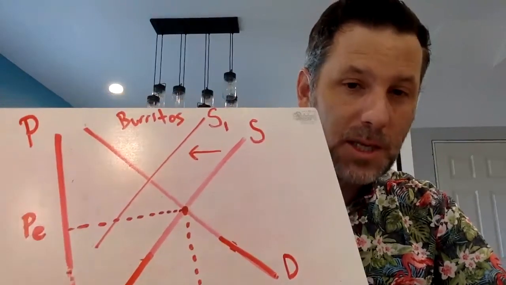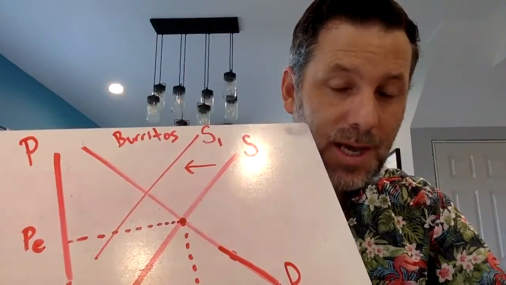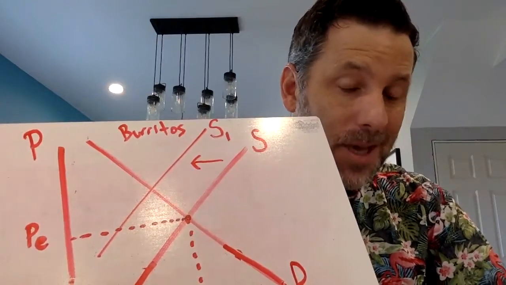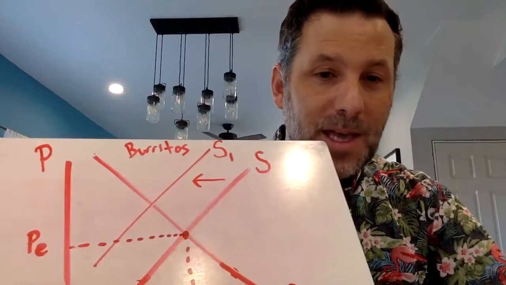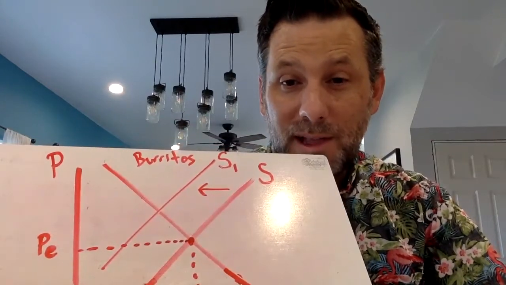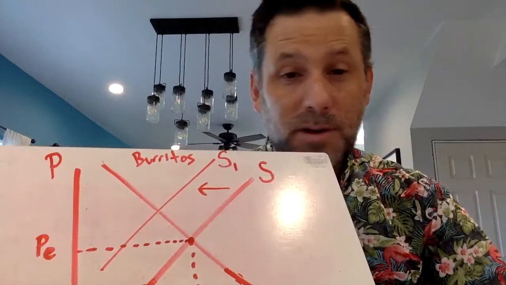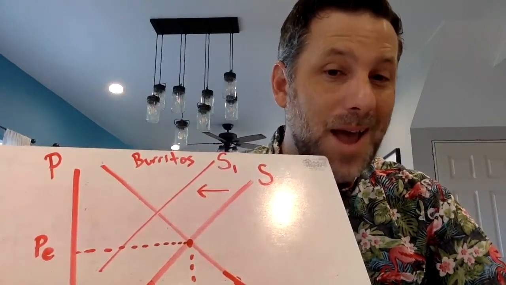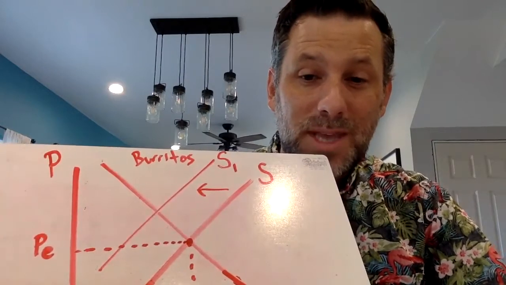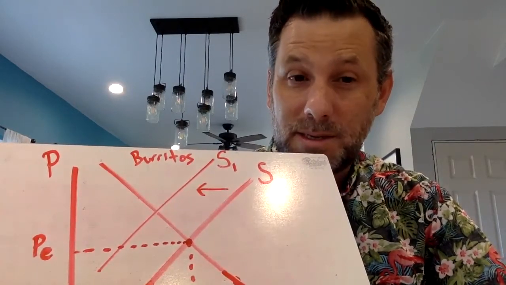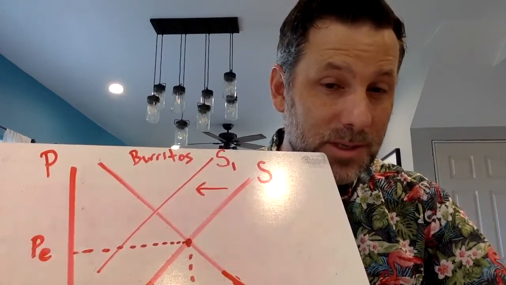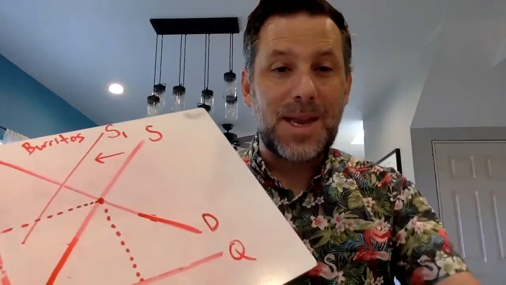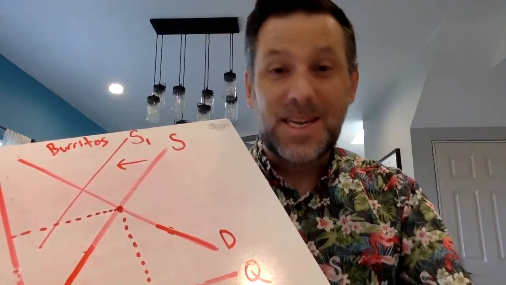But now we've had a change, and what happens when there's a change is we get a new equilibrium. In the real world, when there's a shortage of beef, restaurants realize they're running low on their supply of carne asada and are having a hard time getting more. So in order to allocate that scarce resource, they start raising the price of their carne asada burritos until customers buying burritos is at a sustainable level.